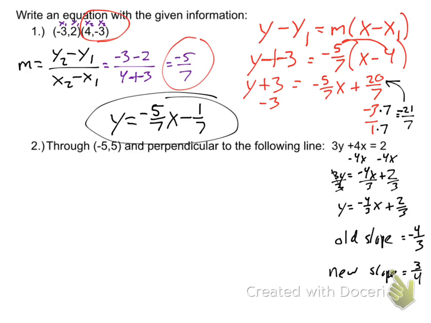So now I have a slope of m equals 3/4, and I have a point. Can you write the equation? I would hope so. We just did it on the last problem.